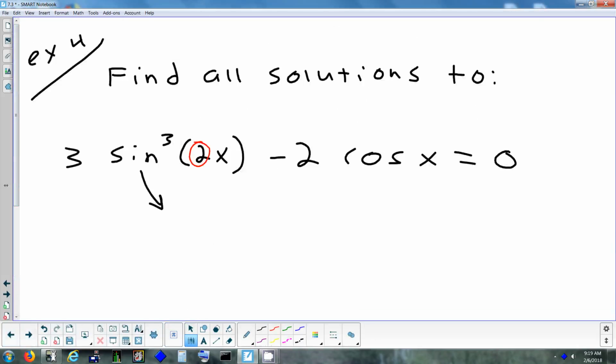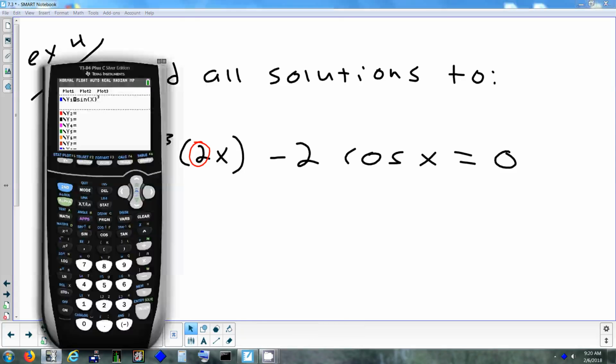Because we know that 2 is a horizontal stretch or shrink. Okay? So that 2 is changing the period, and the cubed is changing the period. The reason I'm not graphing them both at the same time is because if I do, you won't be able to tell what the effect of the cube is separate from the 2, because you'd be seeing them together. Okay, let's graph just the cube first.